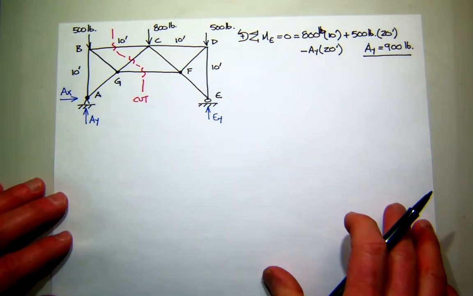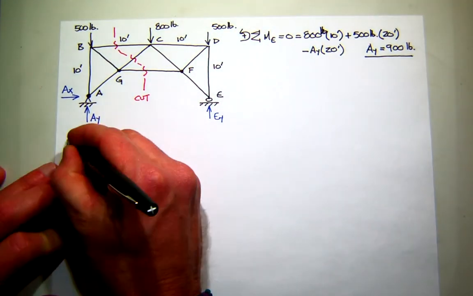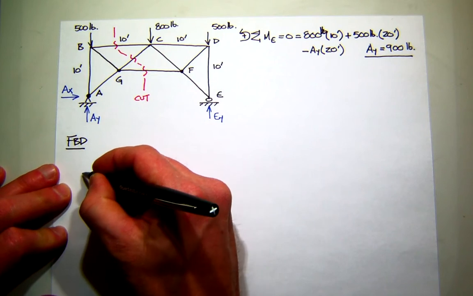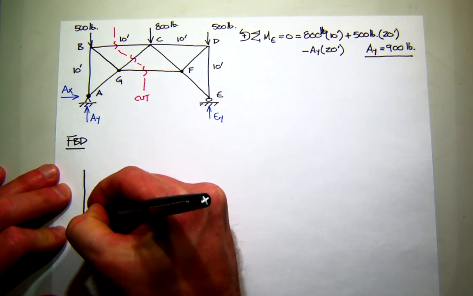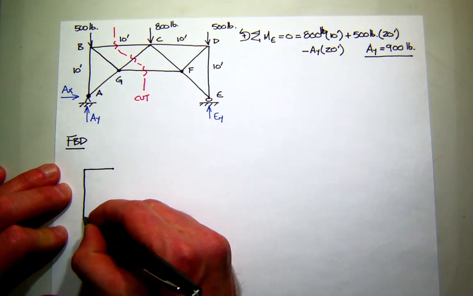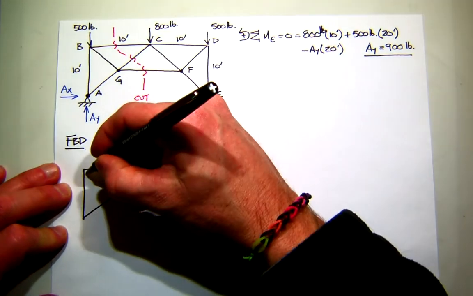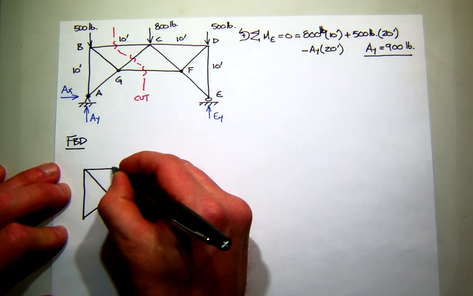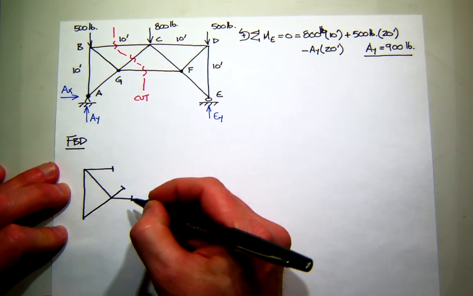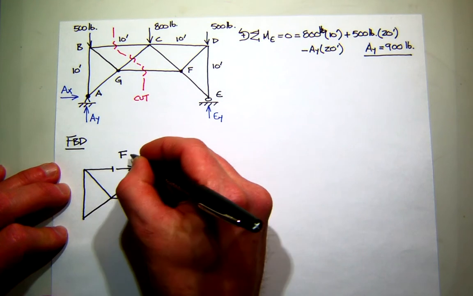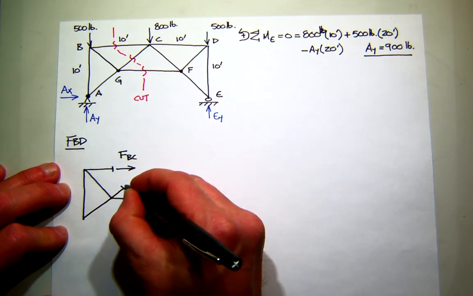Okay, so now we need to draw our free body diagram. And I'm going to work on the left side. So here's where they're kind of being cut. So this would now be the force in BC.